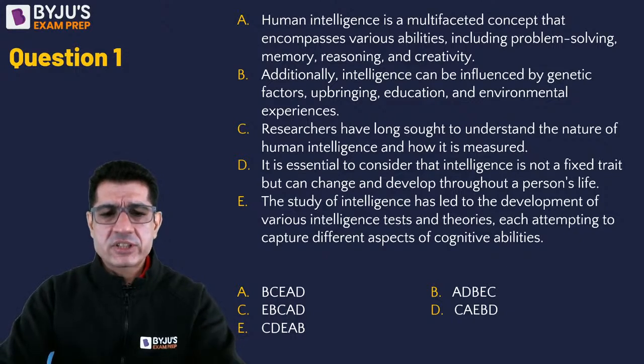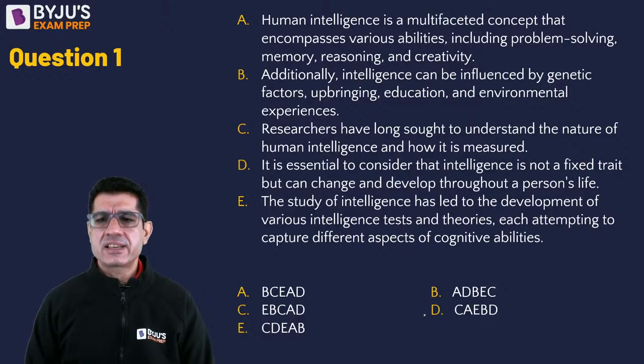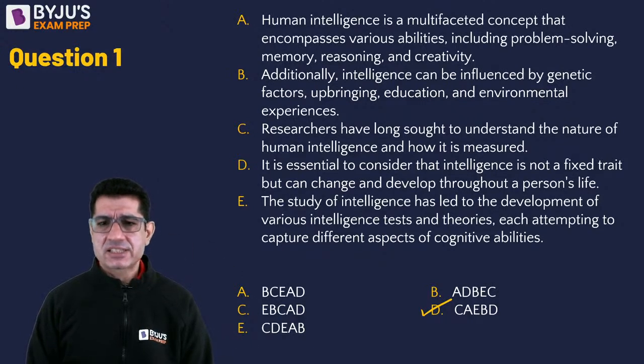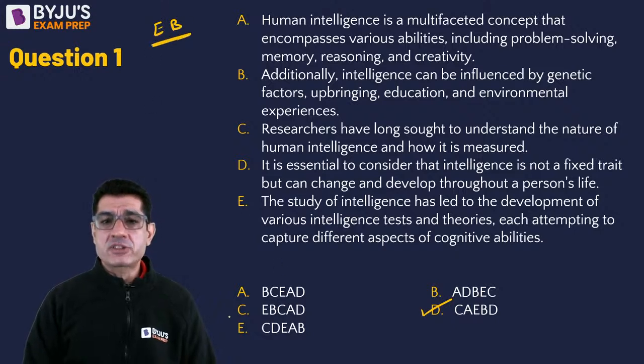Okay, so this is a question where I can go with the majority and the answer is indeed D. Is it the best possible way of arranging these sentences? No, but out of all the options that are present to you, this is going to be the best one. I think a lot of you have figured out EB, the connection of EB. Now some of us have preferred C, where you're starting with E, the study of intelligence has led to.